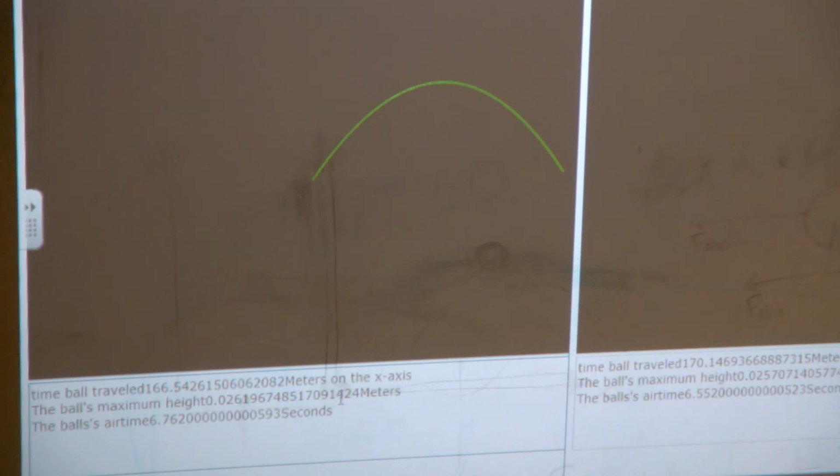Now the ball's air time also decreased with air drag included. Without air drag, the ball's air time was 6.76 seconds, and with air drag it is 6.55 seconds. So the air time has decreased.